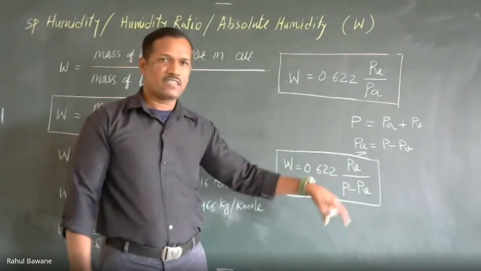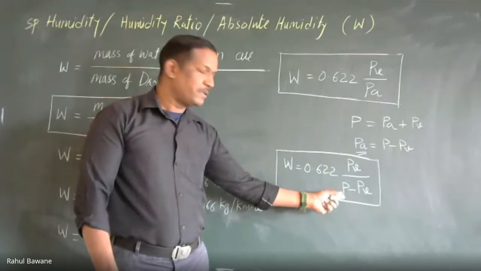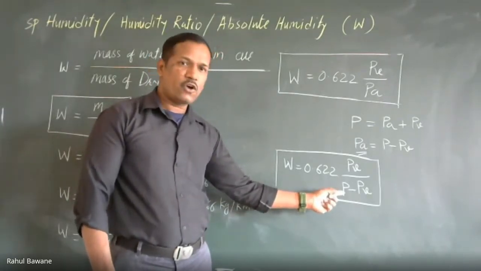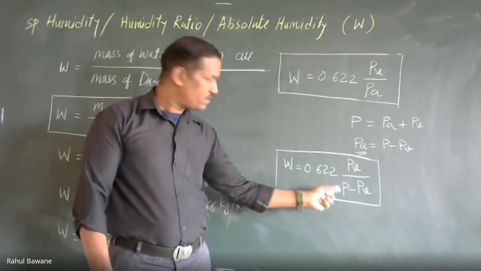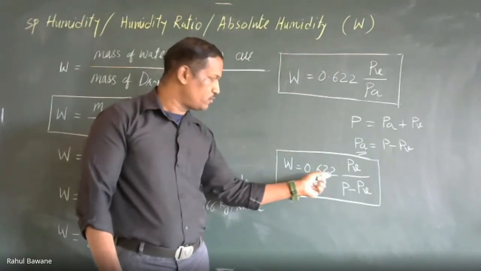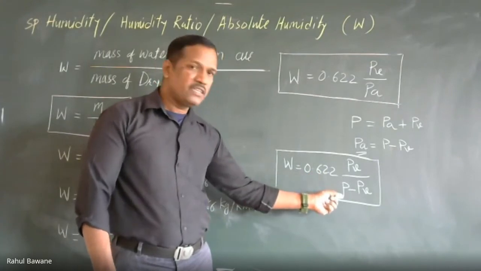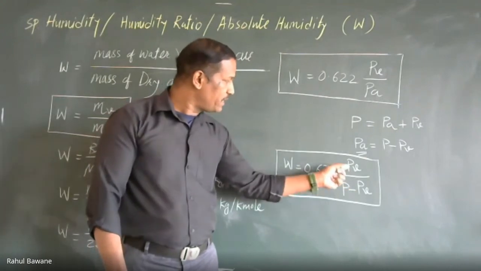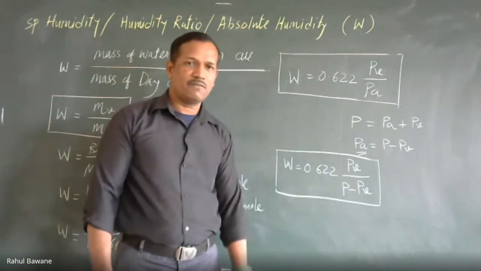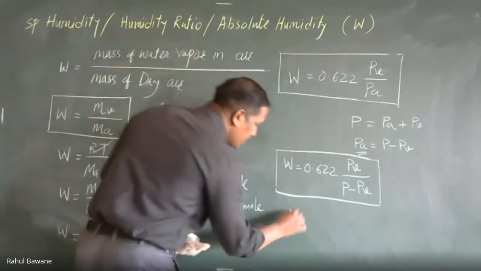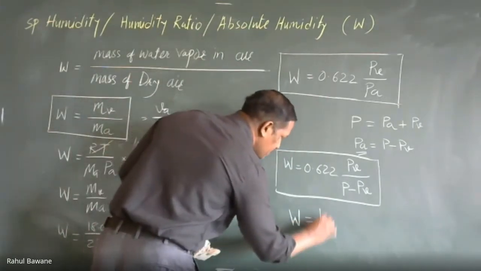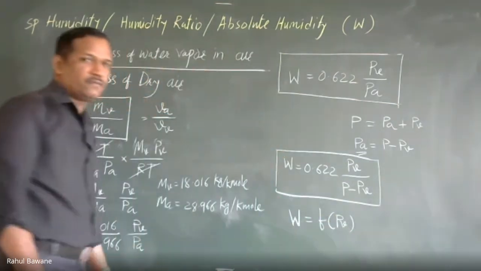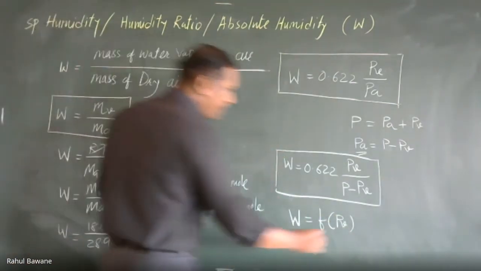Right now in this classroom, if I measure atmospheric pressure at any corner or any point of this classroom, it is constant. The term 0.622 is a numerical constant, and this P, the total pressure of air, is constant. So what remains is only the partial pressure of water vapor. So can we say the specific humidity is simply a function of only the partial pressure of water vapor? So hence true.